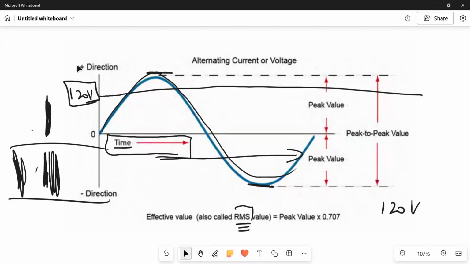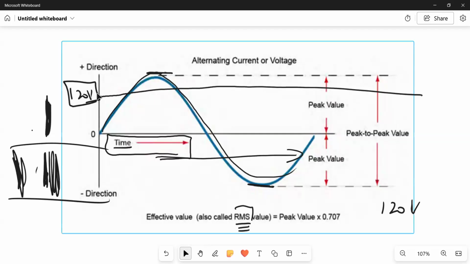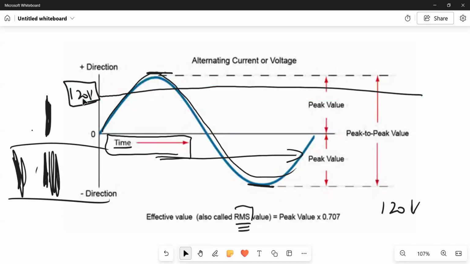Just take 120 and divide by 0.707. Can somebody do this for me? 120 divided by 0.707. We have 169.73. All right, good. So roughly 170 volts.